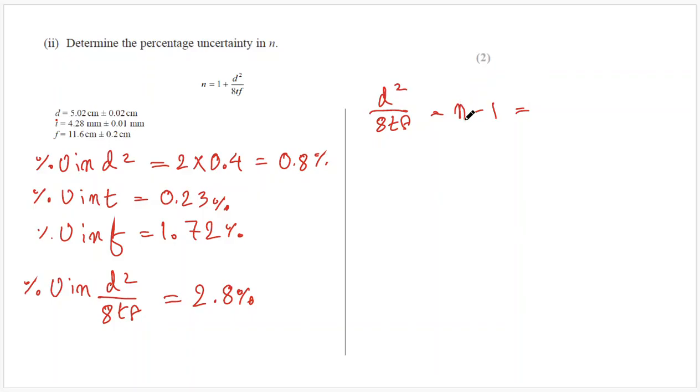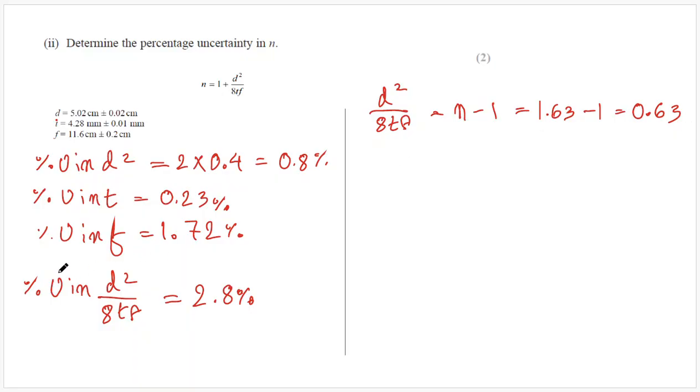So the value of n you had previously found out was 1.63 in the previous part of the question, minus 1, which is 0.63. So the value of d squared by 8tf is 0.63.